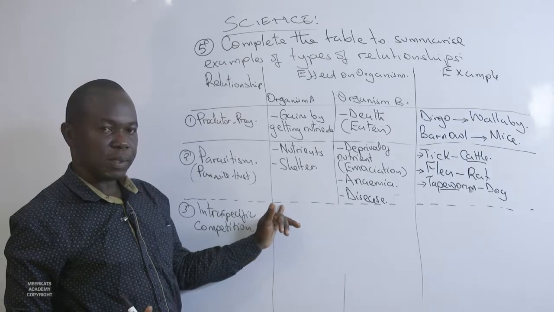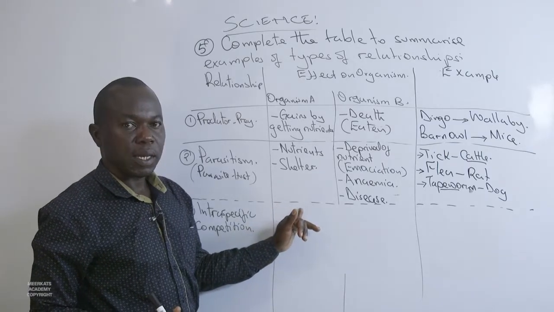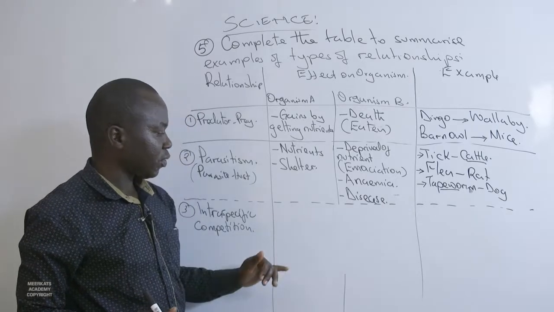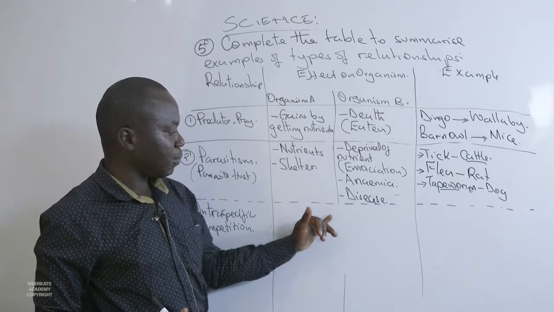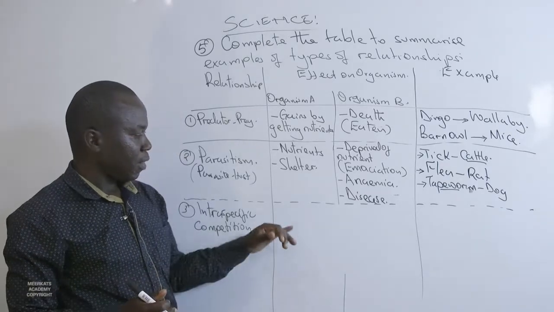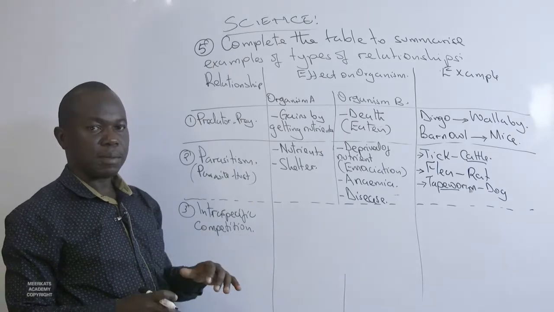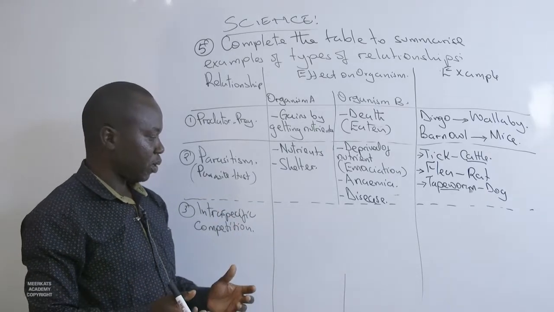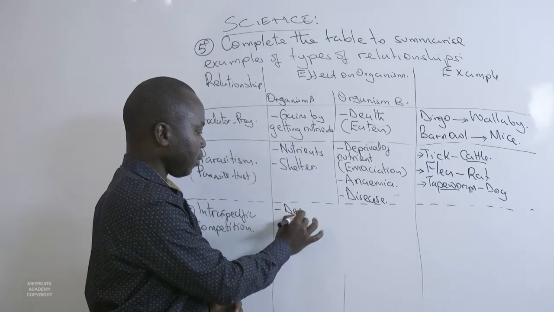So in intraspecific competition, if there is enough supply of nutrients, population usually increases. When population increases up to a certain level, the environment cannot continually support the same population. What will happen? There will be a decrease in population.